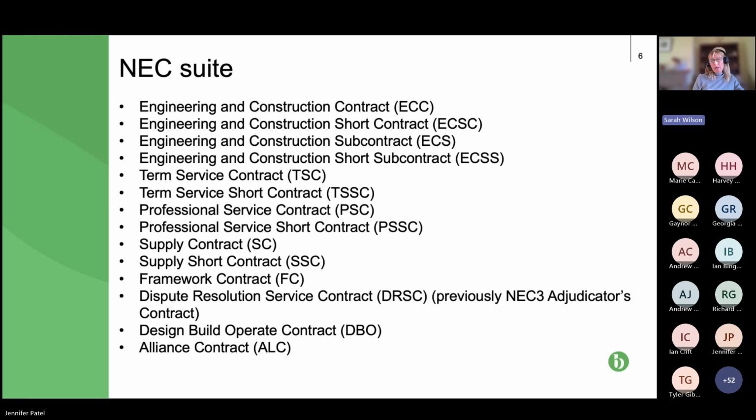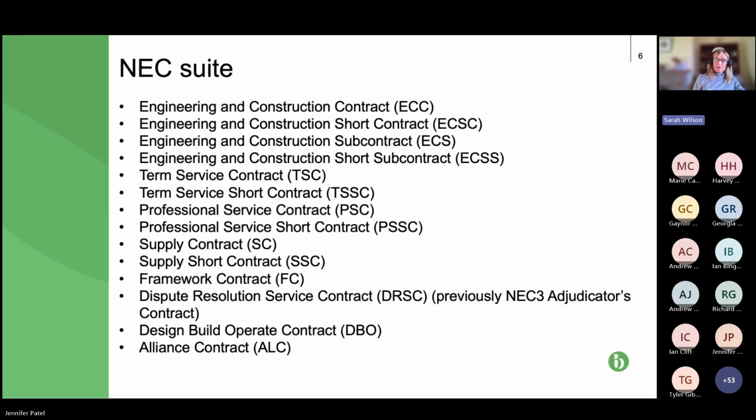So I don't know, maintaining roads for a 5-year duration, something like that. And then the next 2 are the professional services contract and short form. And interestingly, what we will see with JCT is that they don't have a blanket professional services contract. So arguably this is one advantage that NEC has.